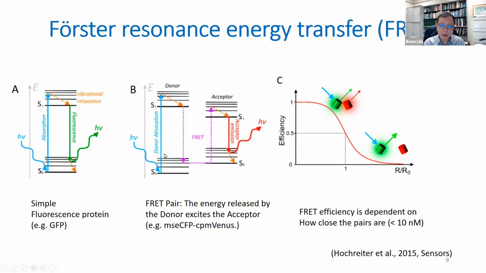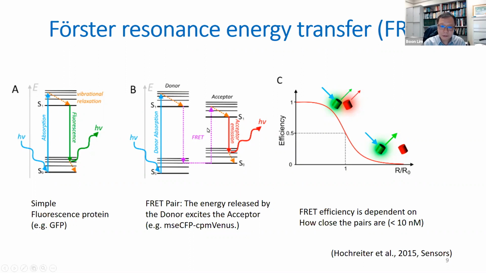However, if we put a donor fluorescent protein and an acceptor fluorescent protein together, if we link them together, then the fluorescence emitted by the donor, or the light energy here, can be used to excite the acceptor so that the acceptor can have another wavelength emission. This is called Förster resonance energy transfer, and in short, it is called FRET.